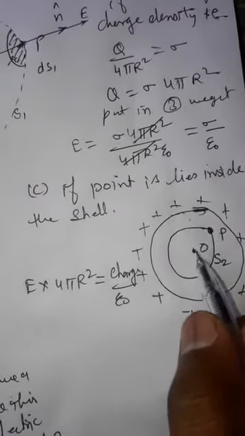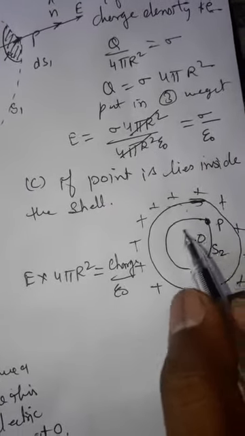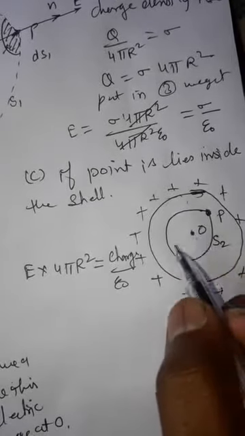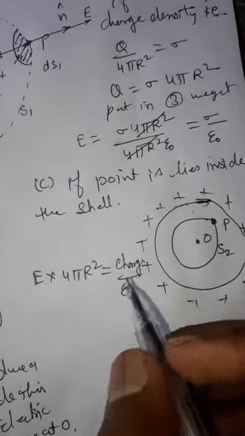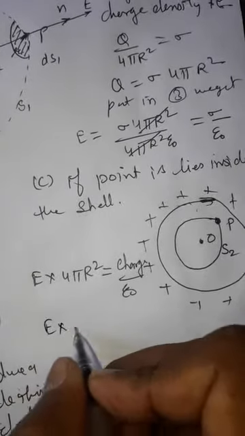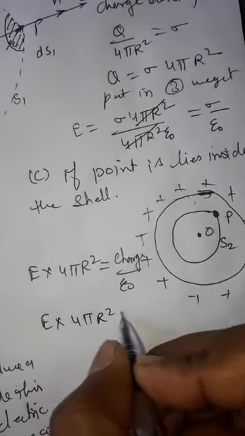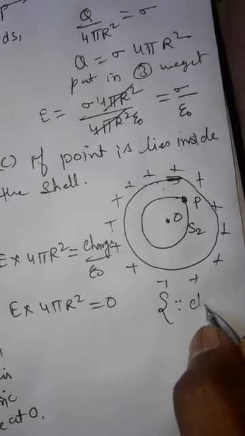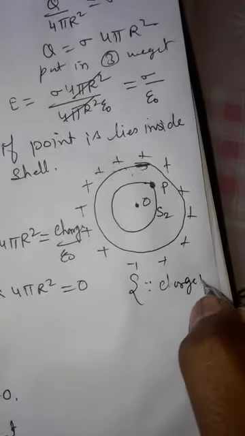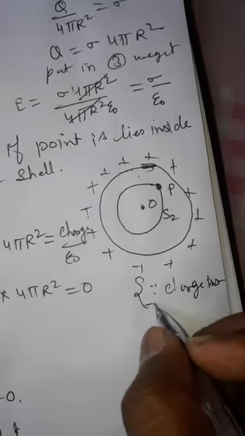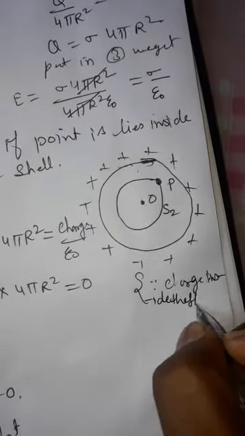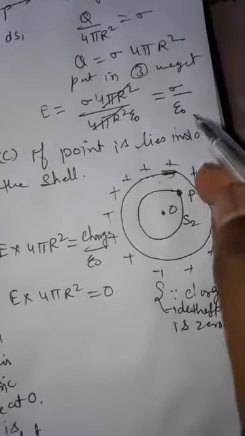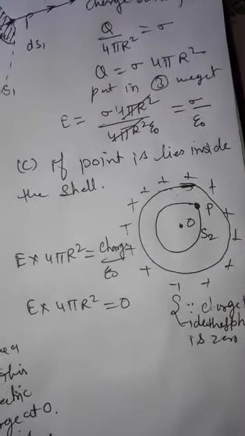But as no charge is present inside this Gaussian surface S2, the charge is 0, which means E into 4 pi r square is equal to 0, because charge is distributed only on the surface of the shell.